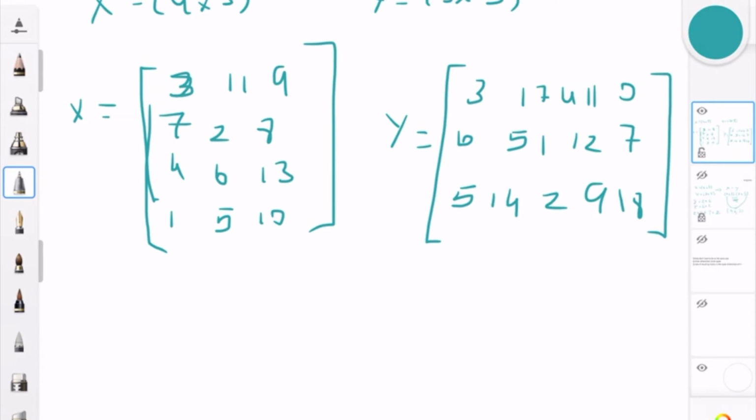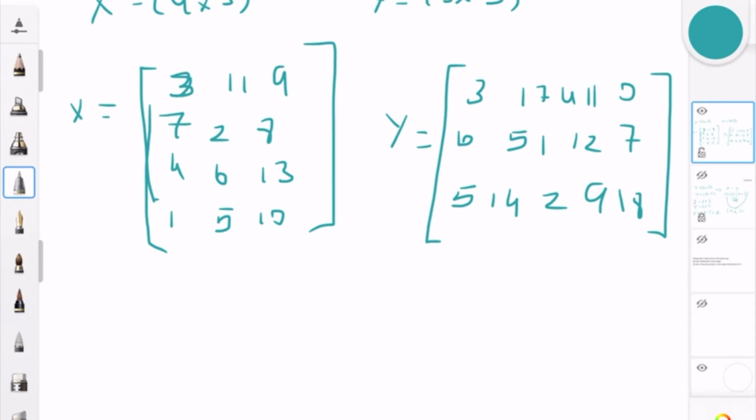Let's start by making a space for our final matrix. Every element of this matrix is calculated equally. To calculate the first part, which is XY of 1, 1, we have to use the first row of X and the first column of Y. Let's write those here.